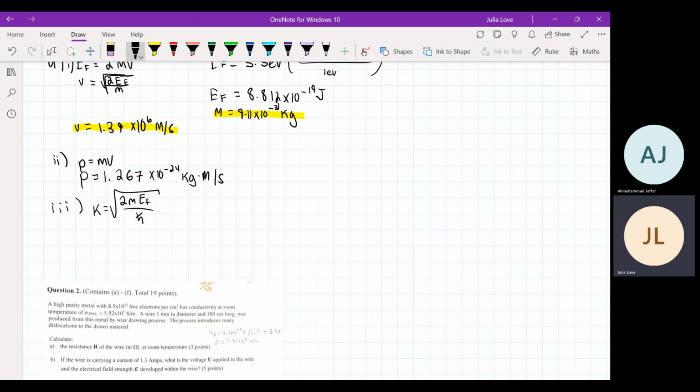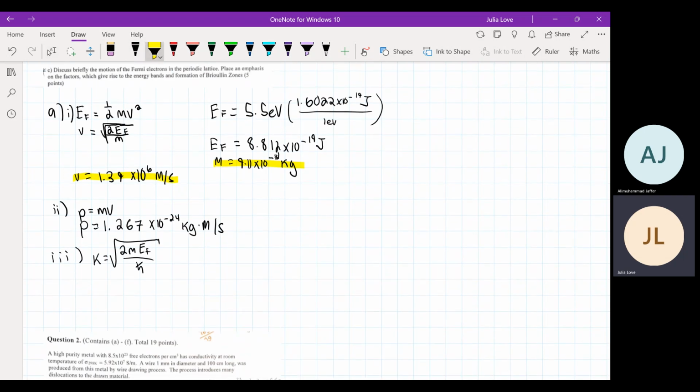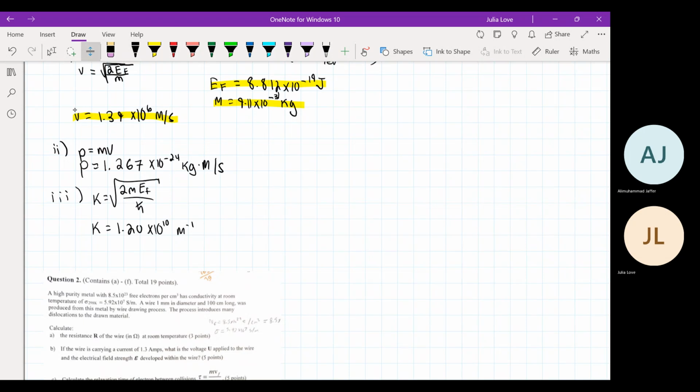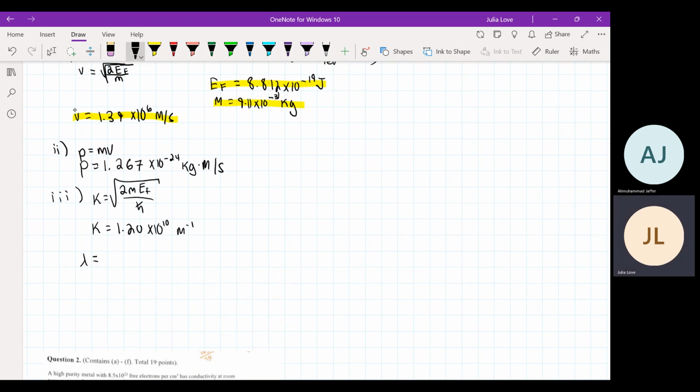Plugging back in the mass as well as this energy, with the h value, which is also given as a constant, we get k to be equal to 1.2 times 10 to the 10 meters to the minus 1. And then the wavelength has a simple relationship: 2 pi over k.